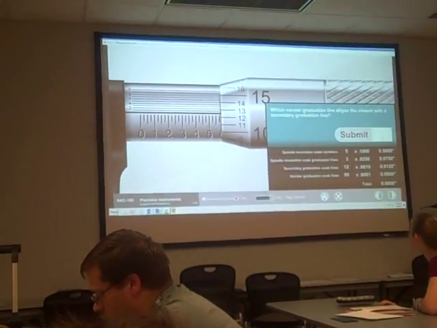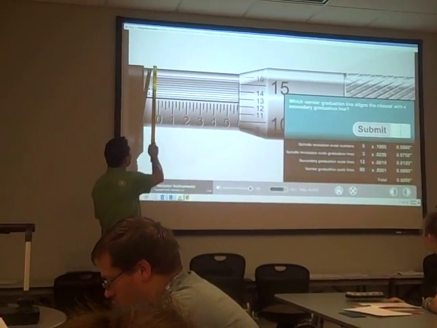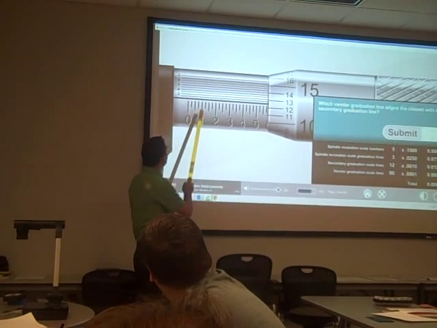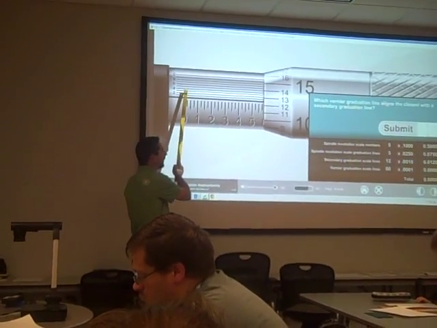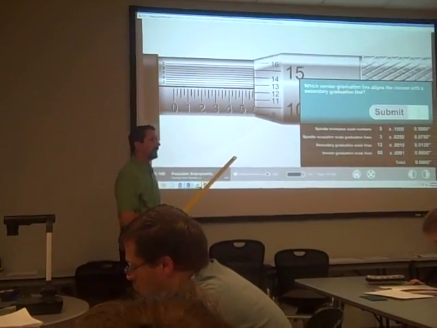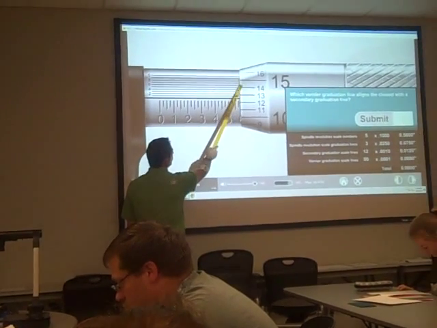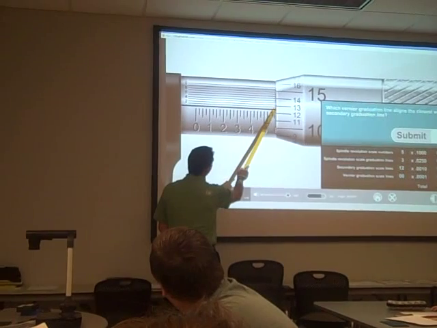All right, and then finally the vernier graduation scale. The vernier graduation scale is red on this side. Your answer will always be between 0 and 1. It can never be anything higher. You read it by lining up whichever one of these is closest. In this case, I would say the 14 is the closest to line up. Would you agree?